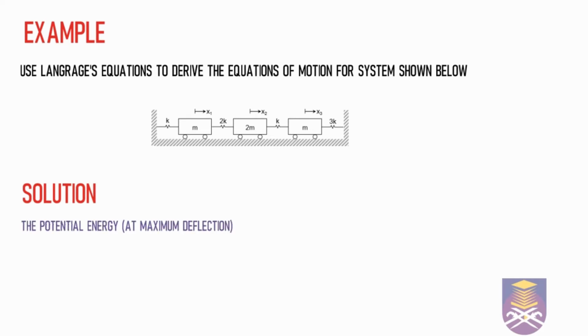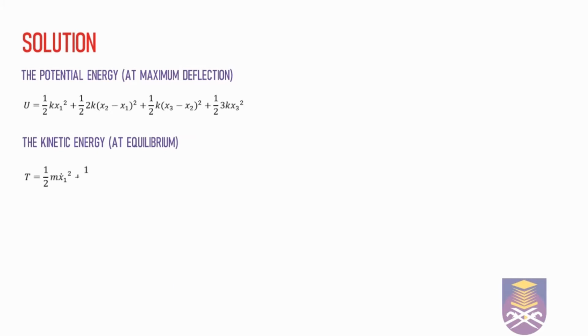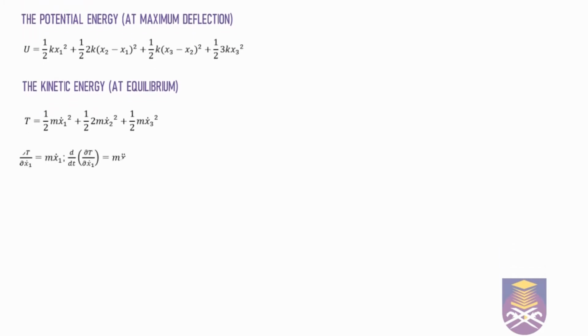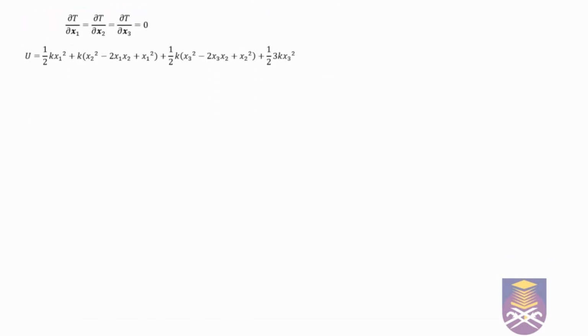For the solution, the potential energy at maximum deflection and the kinetic energy at equilibrium, we can see the equations. We can get the equation of del T over del x equal to 0.